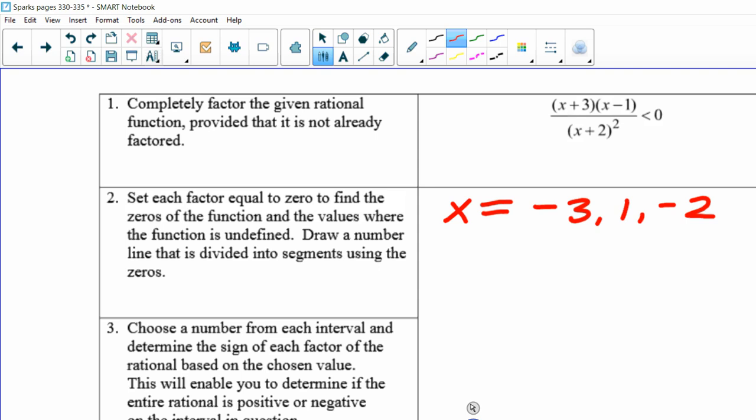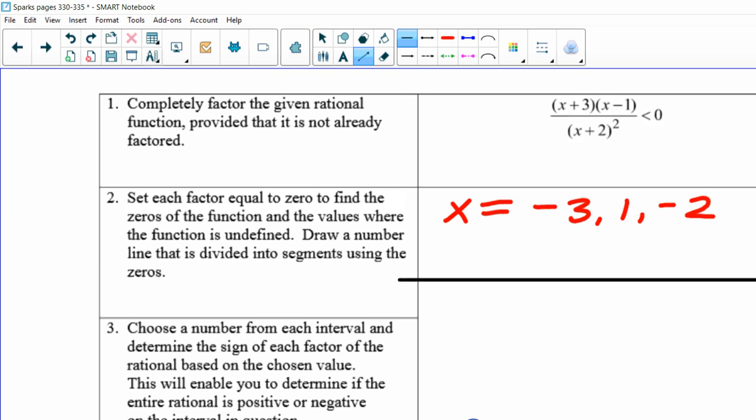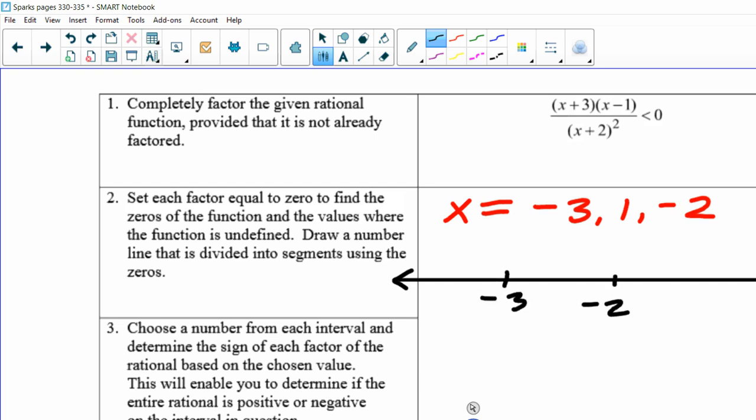Why a vertical asymptote? Because the numerator's not 0. Are we going to have any holes here? No holes. All right, let's draw our number line. -3, -2, and 1.